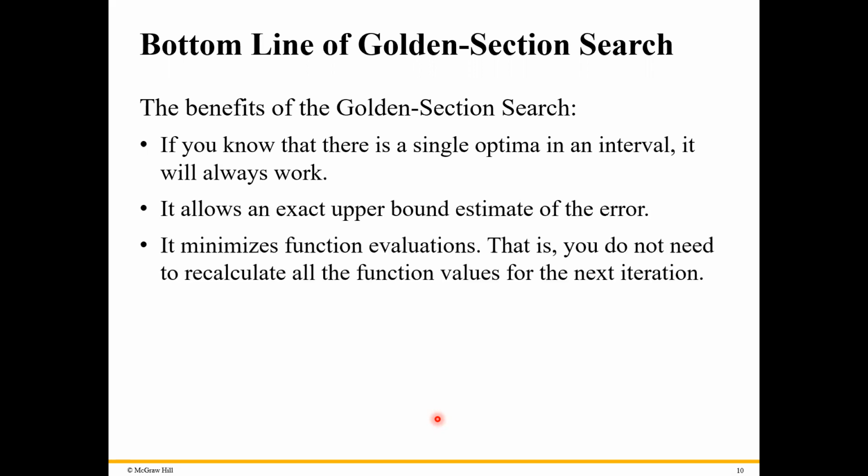It also minimizes the function evaluations. That is, you do not need to recalculate all the function values for the next iterations, so it is numerically efficient. Many of the function values we previously calculated can be reused.